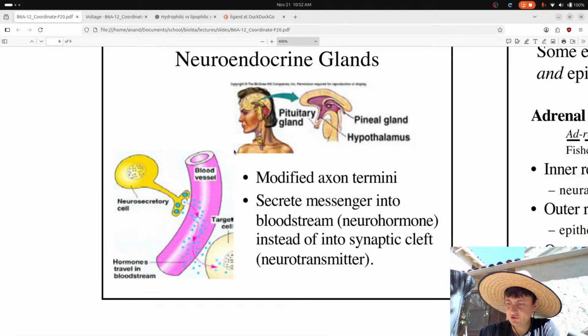What is this? This is 12. So we have neuroendocrine glands.